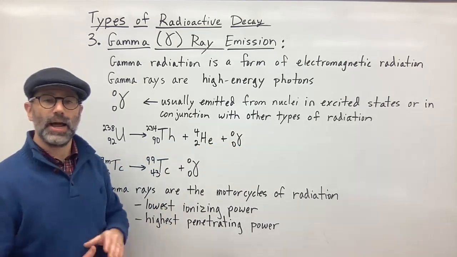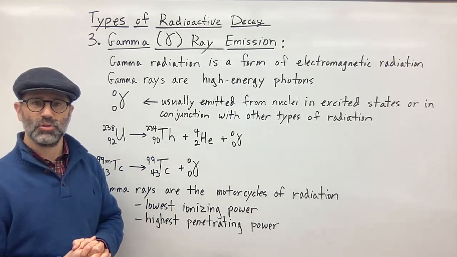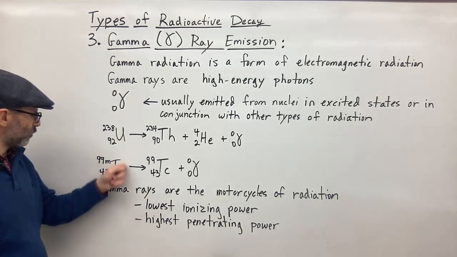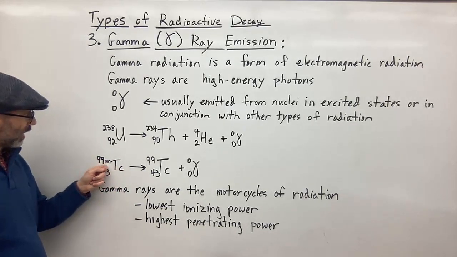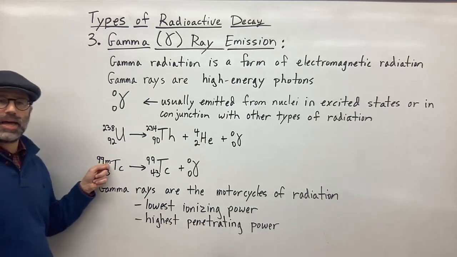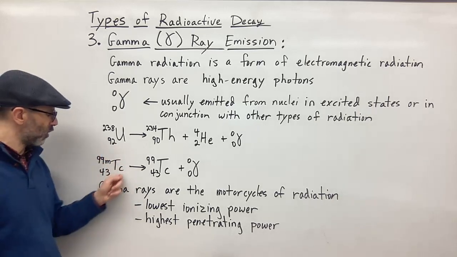And so what you have then is a metastable nucleus. Here, for example, we have this nucleus, and you'll notice that we have the mass number on top with an M. The M means that this is metastable. So we have a metastable isotope.